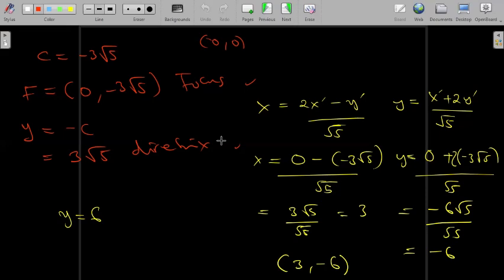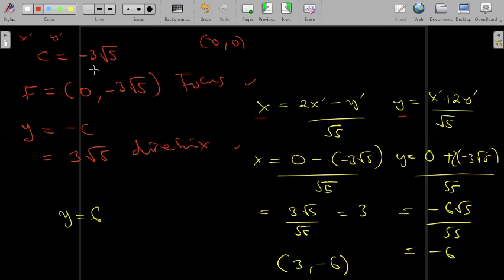But even as we got that equation, we are told we want to graph this in the xy plane. So for you to graph it in the xy plane, what you must do is take it back to that xy plane. Remember that your x value and your y value are given by this. What we found for f and c are x prime, y prime values.